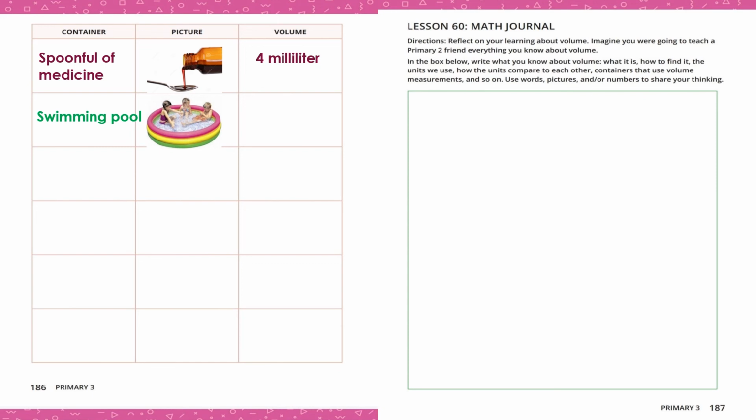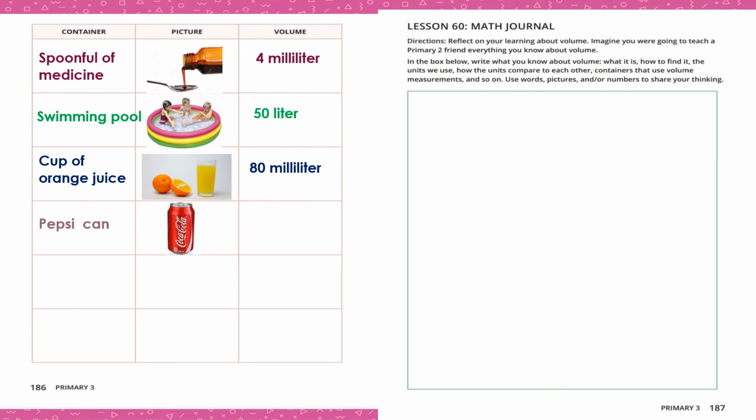Its unit, liter or milliliter? Yes, liter. So its volume about 50 liter. Cup of orange juice. Small amount or big amount? Yes, a small amount. So we will use milliliters. Its volume about 80 milliliters.